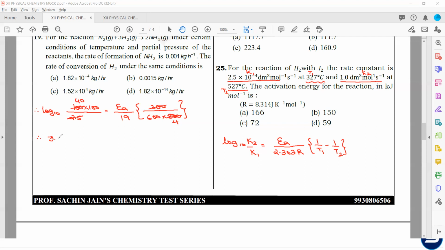The characteristic is 3 and log 4 we know is 0.6. 3.6 has come. Then activation energy upon 19 into 2,400. Now it is a simple multiplication and you will get the answer here. It has to be converted into kilojoules, so keep 10 raised to 3 outside and finalize it. It's 2.4 into 19 into 3.6. Final answer. Clear? Yes, sir.